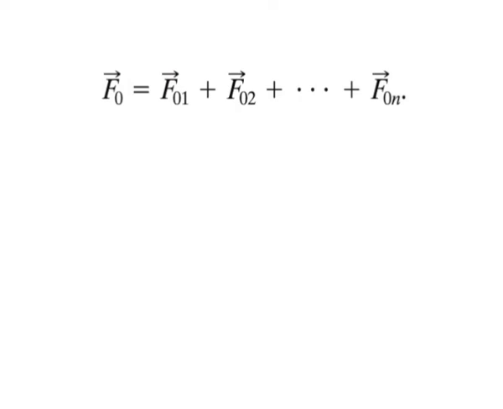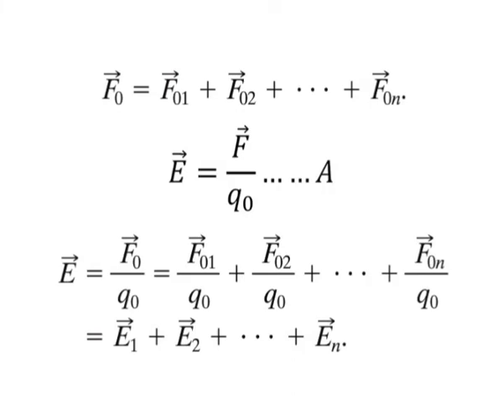up to F0n. To change over to electric field, we repeatedly use equation A for each of the individual forces and get E is equal to F0 upon Q0, and is equal to F01 upon Q0 plus F02 upon Q0 and so on up to F0n upon Q0, which is equal to E1 plus E2 and so on up to En.